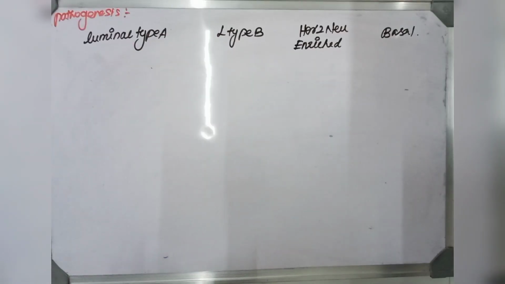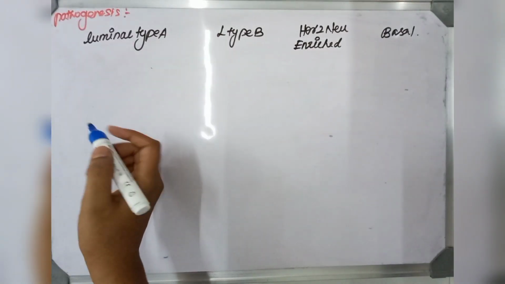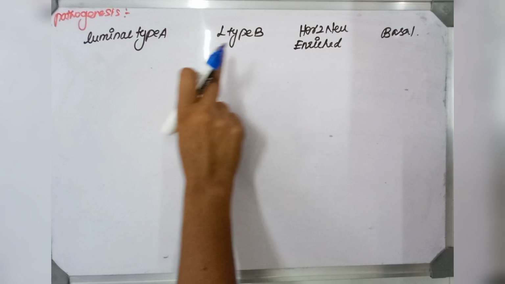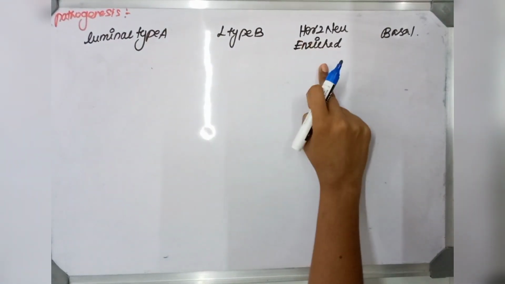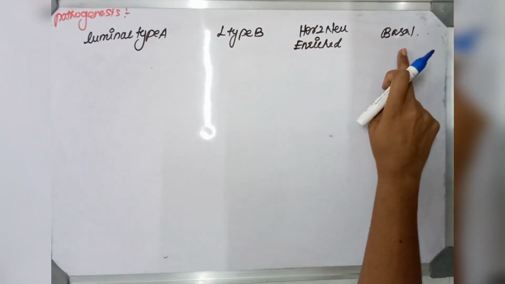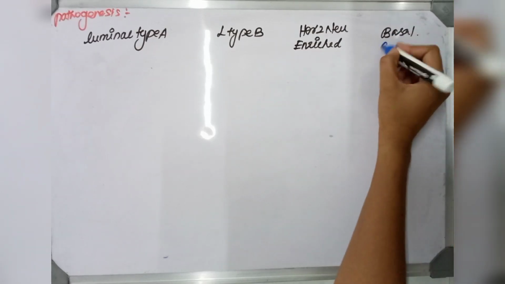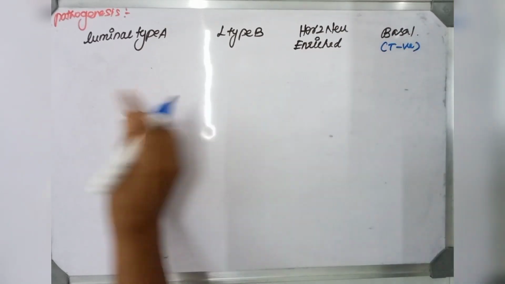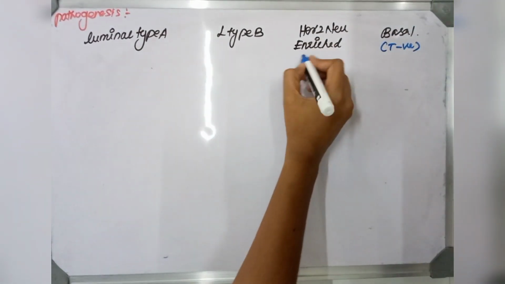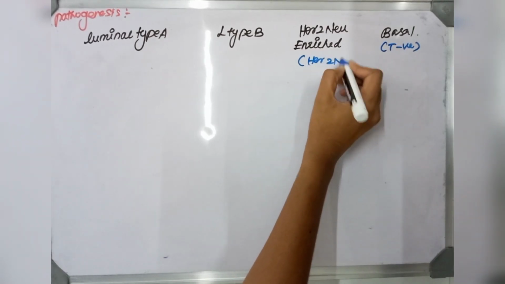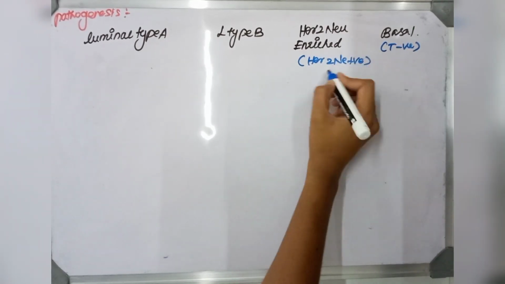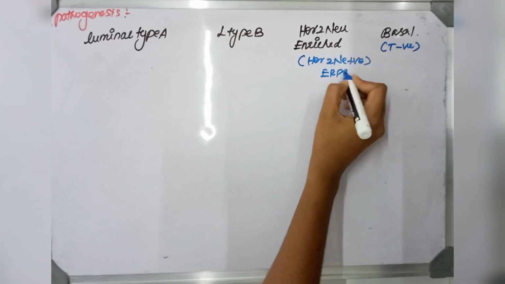Now we are going to see a few more characteristics. So this is luminal type A, luminal type B, HER2 enriched and basal ones. This is HER2 only positive, others are negative, with ER, PR negative.